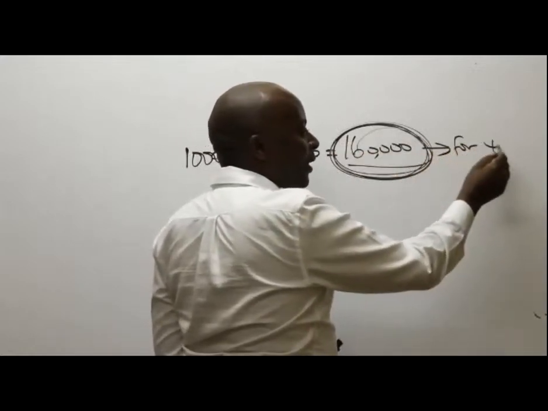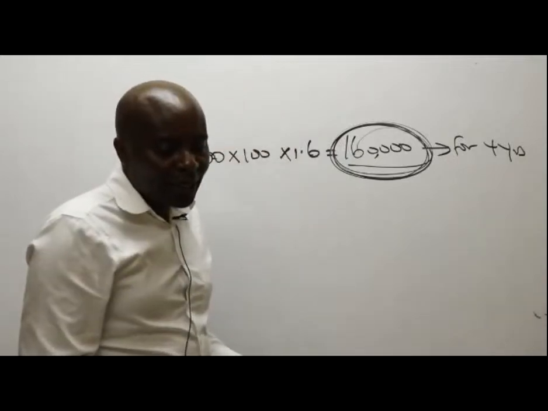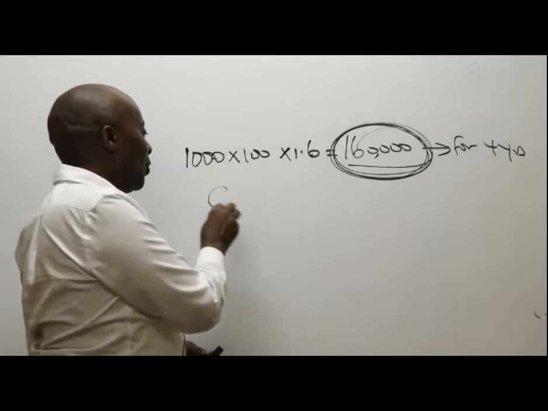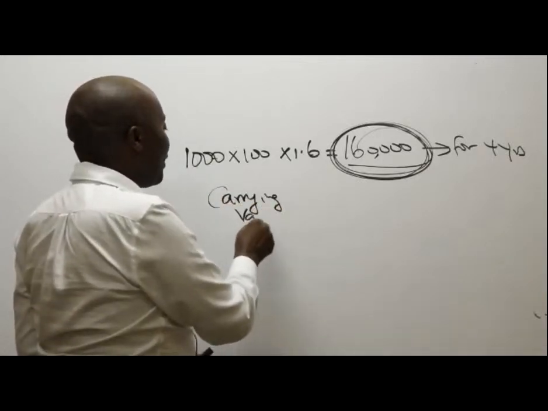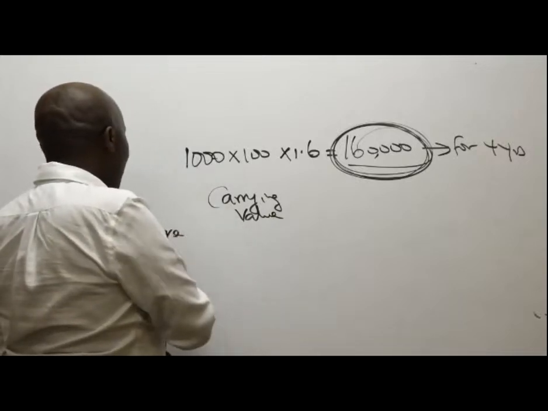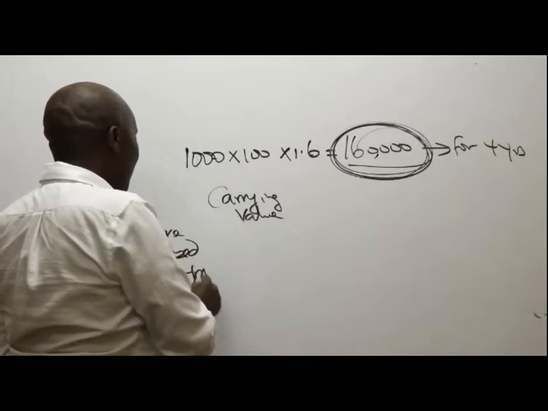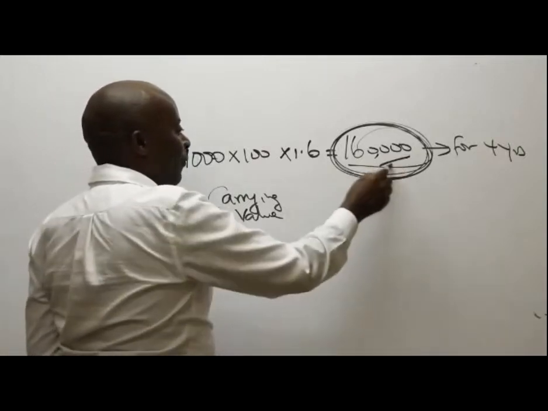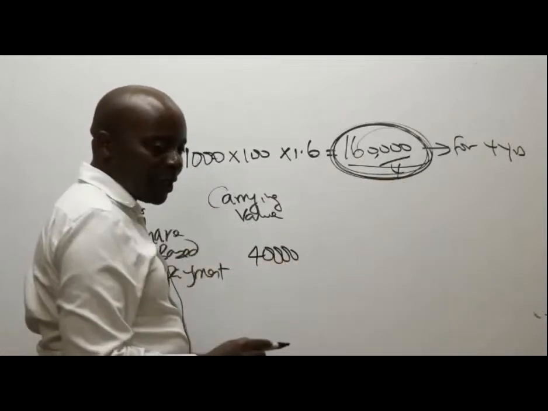For 4 years. As we are interested in an annual figure, the carrying value of my share-based payment is this divided by 4, which gives me how much? 40,000.